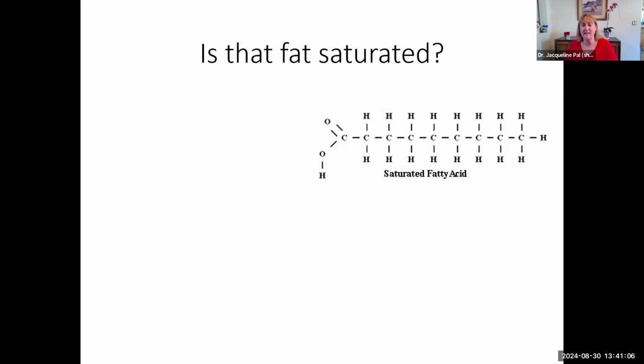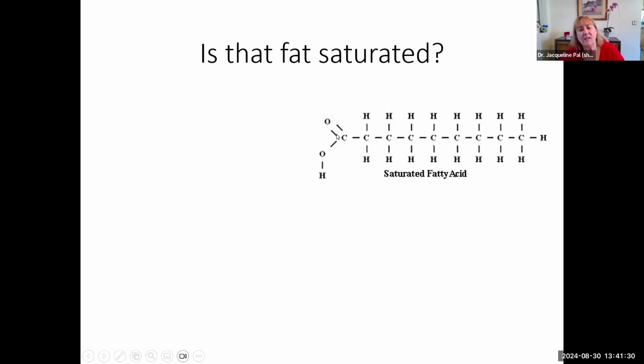Let's talk about fats. We've all heard about saturated fats and unsaturated fats, and what does that mean? When a fat is saturated, every carbon has 4 bonds. Look, every one of these carbons has a single bond.